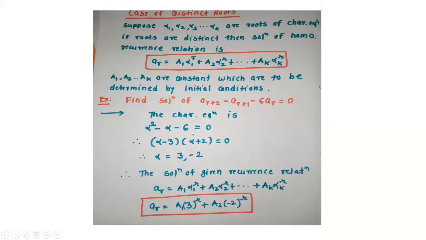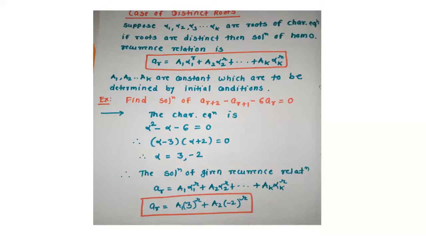So the two numbers are minus 3 and plus 2. Their multiplication is minus 6 and addition is minus 1. So (alpha minus 3)(alpha plus 2) is equal to 0. Therefore alpha equal to 3, minus 2. So the roots are 3, minus 2, and these roots are distinct.